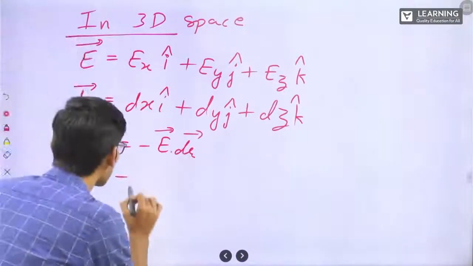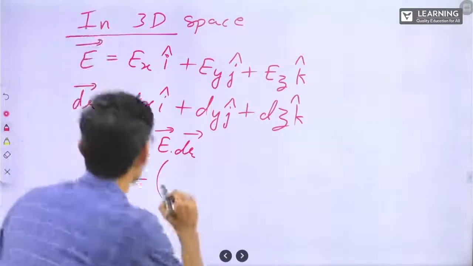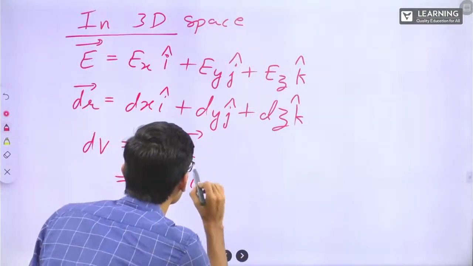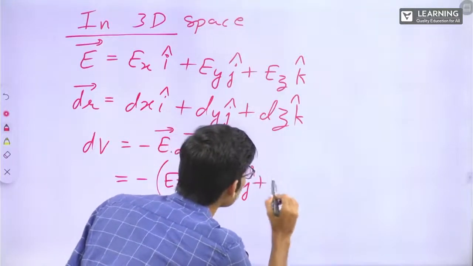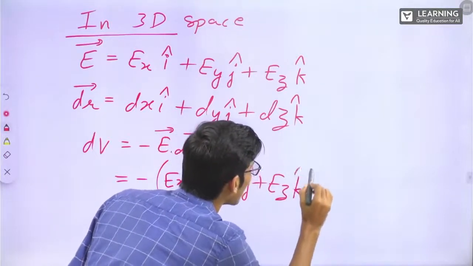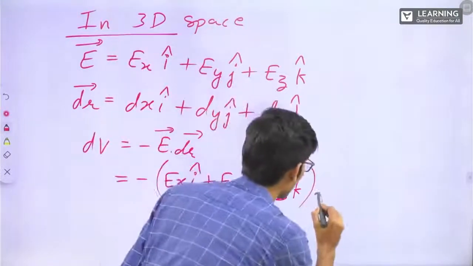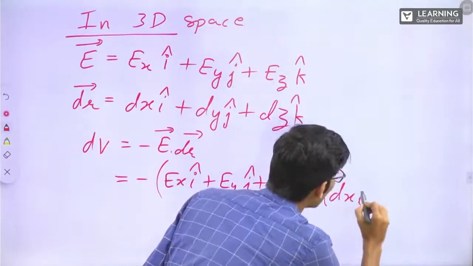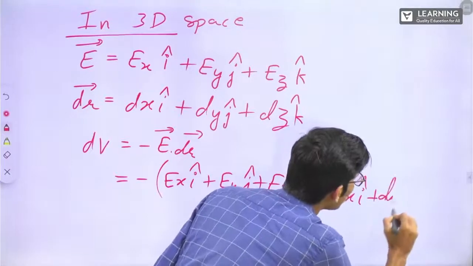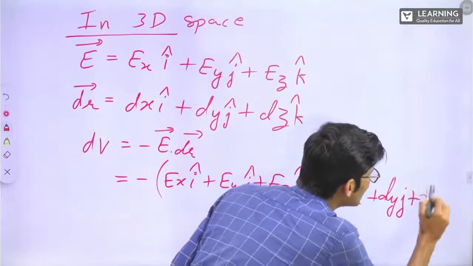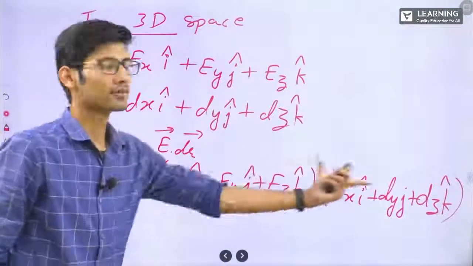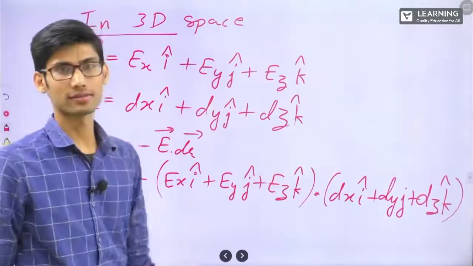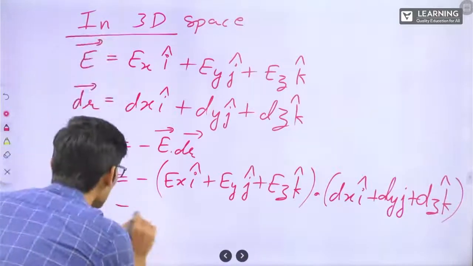So I can write it as minus Ex i cap plus Ey j cap plus Ez k cap dot dx i cap plus dy j cap plus dz k cap. Yes or no? Dot product of two vectors in 3D. I hope you know this.